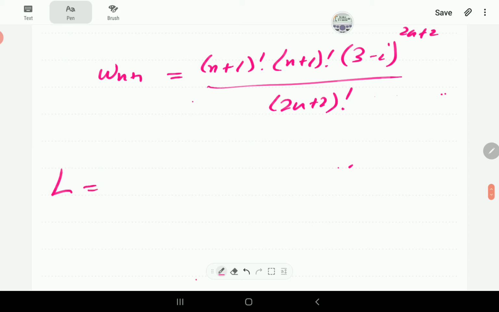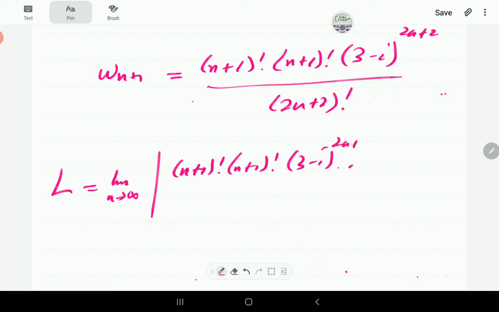So L is going to be the limit as n goes to infinity of (n plus 1) factorial, (n plus 1) factorial, (3 minus i) to the power 2n plus 2, divided by (2n plus 2) factorial.